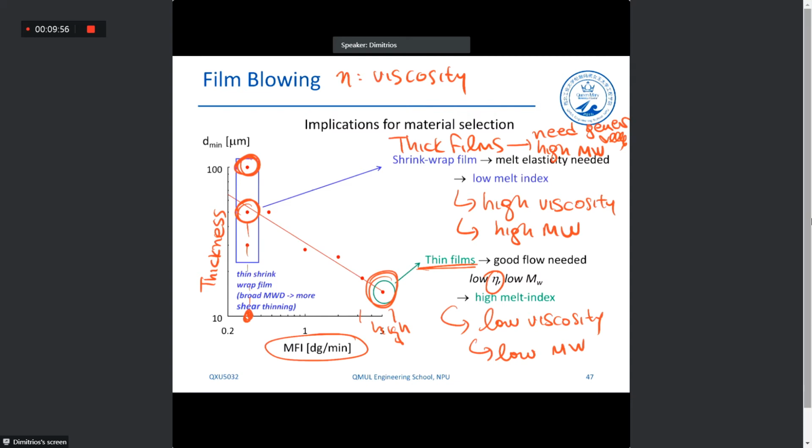So if we look at this graph of thickness over melt flow index, does anyone remember what is the relationship between melt flow index and viscosity? Can anyone post in the WeCom chat what is the relationship between melt flow index and viscosity?